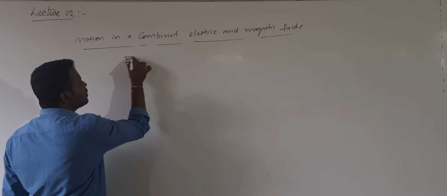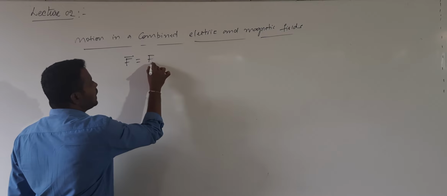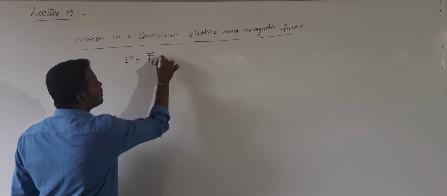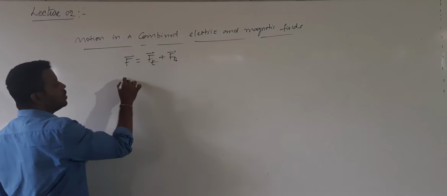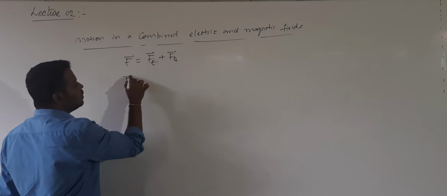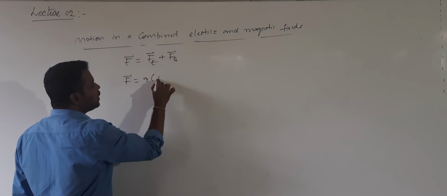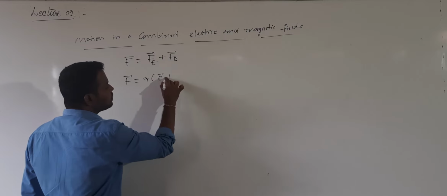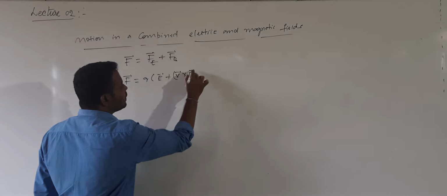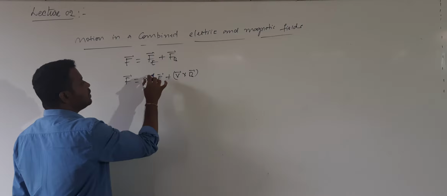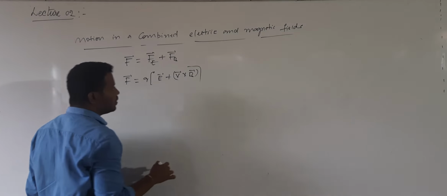Total net force is due to force due to electric field plus force due to magnetic field. We call this force the Lorentz force, which is given by Q into E bar plus V bar cross B bar. What is the expression for magnetic force?